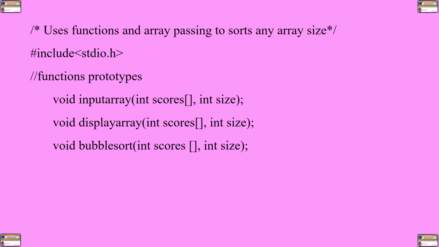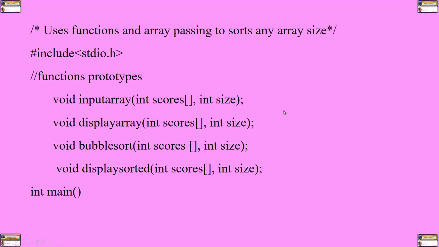It is receiving the array, that is the memory location for the array, and its size. The other one is for displaying the sorted values from the array, and the name of this function is display sorted. It's also receiving the array and its size.